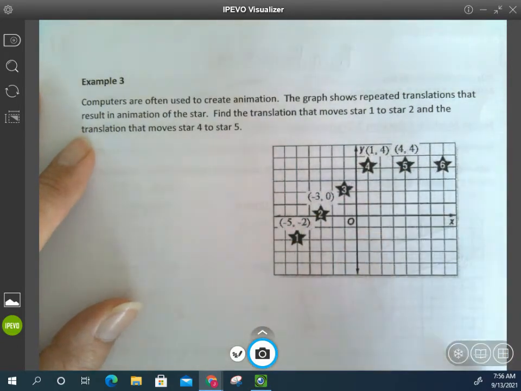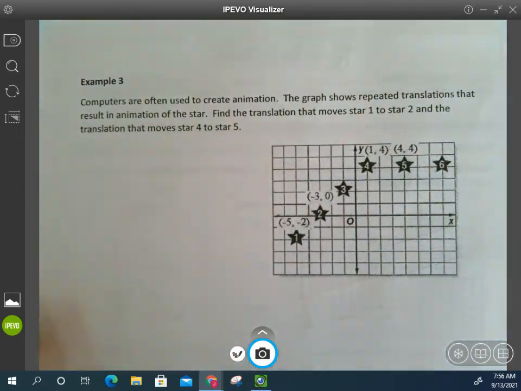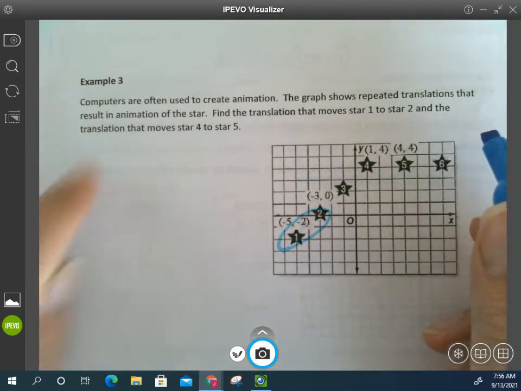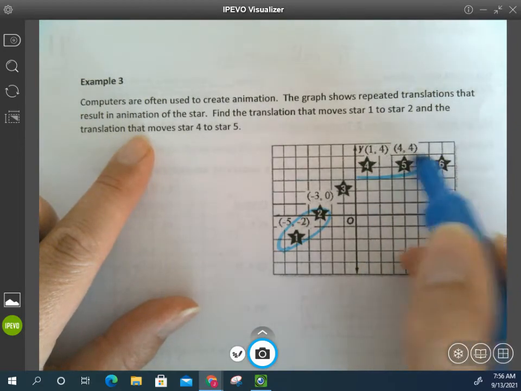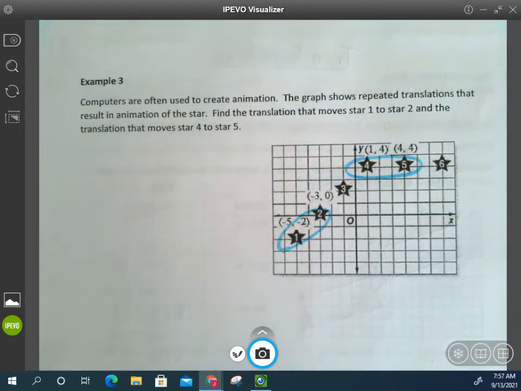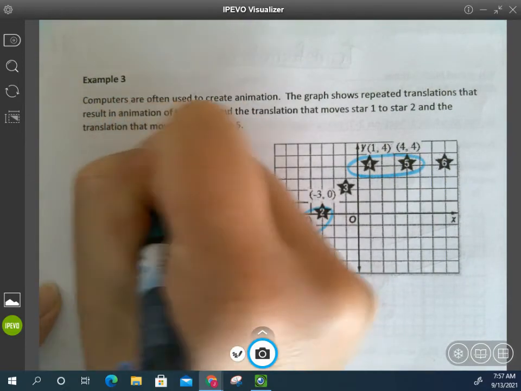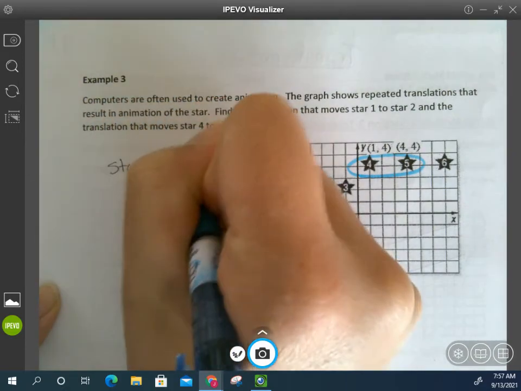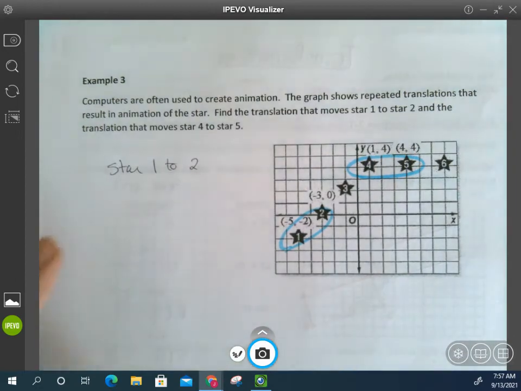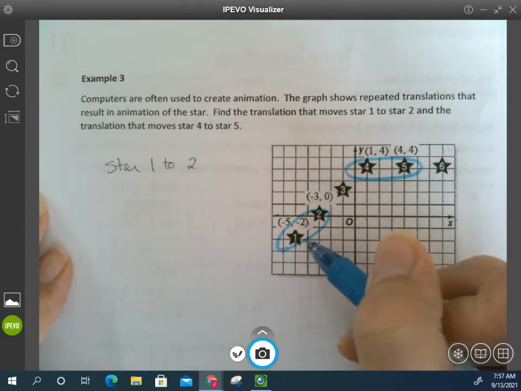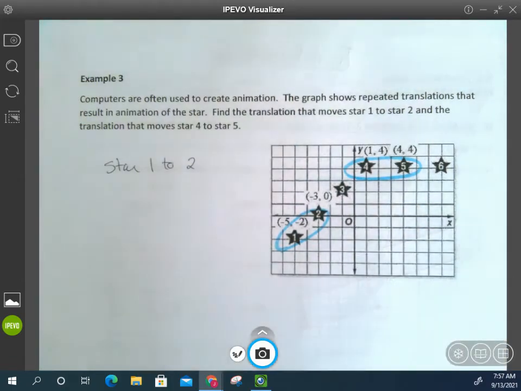Find the translation that moves star 1 to 2. Okay, so what's the translation for star 1 to 2? And the translation that moves star 4 to 5. So we are not moving anything, we are finding the translation. So star 1 to 2. You need to tell me, okay, did it move up, down, left, or right? Well, it definitely moved right 2 units, didn't it?